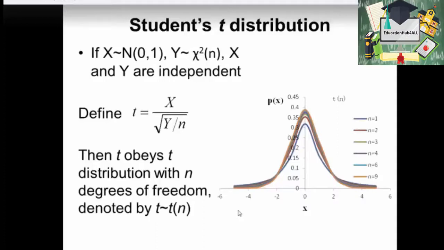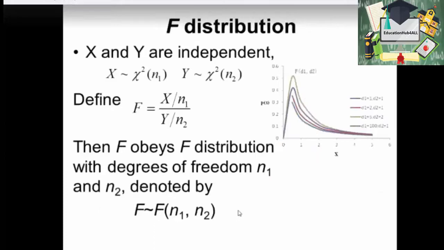When the degree of freedom is large, the T distribution becomes a standard normal distribution. When the degree of freedom is small, the tail is very long. F distribution. The F distribution is again a ratio of two chi-square distributions.